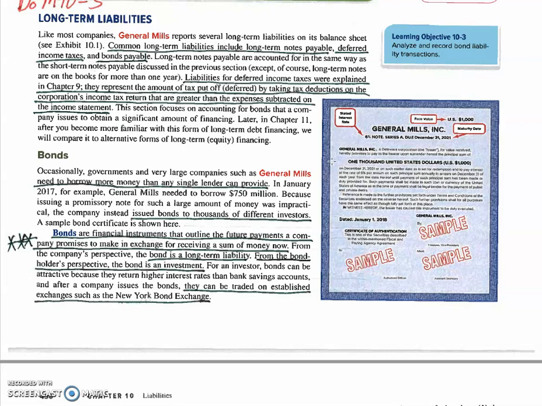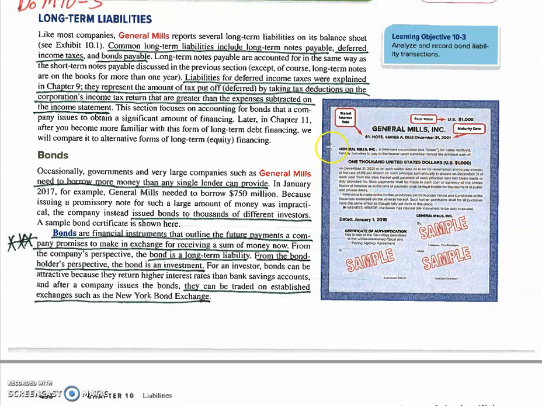And so what you're buying is those 2 sets of cash flows. Number one, you're going to get $30 every 6 months over the 4-year period. So you're going to get 8 of those $30 interest payments. And then at maturity on December 31st, 2021, you're going to get $1,000.